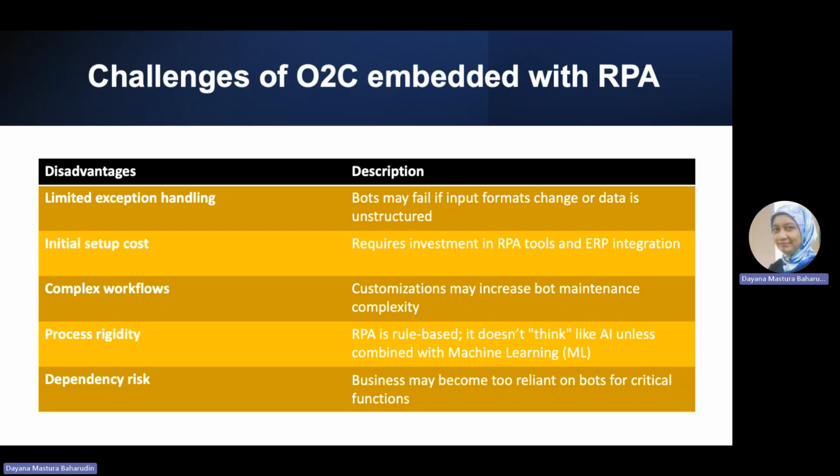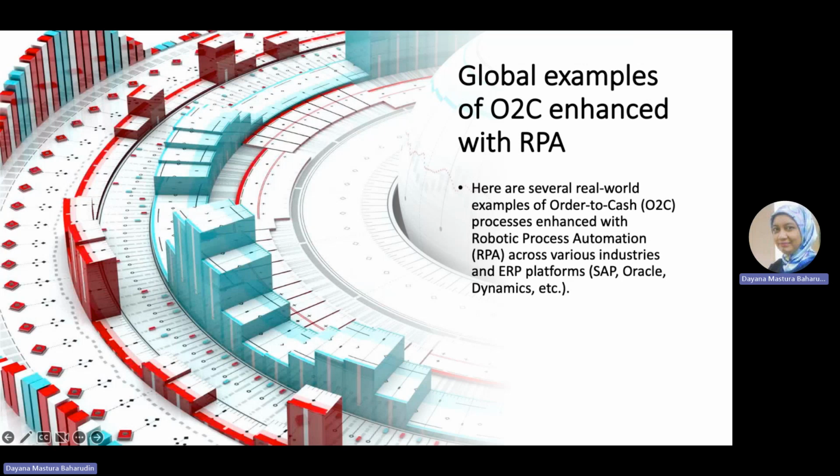So these robots are rigid. They only follow your commands. Dependency risk: business may become too reliant on bots for critical functions. I would say that companies would know what to give to the bots and what to give to the human. Once you work with the bots, then you know what bots can do and what bots cannot do.